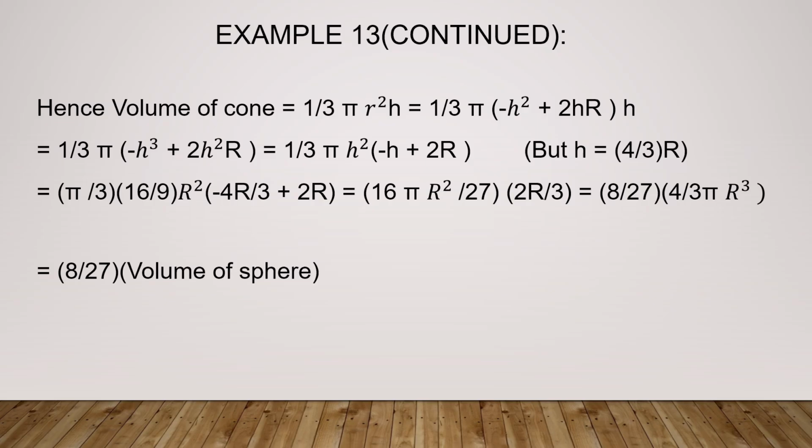Again I am telling you, take care while simplifying the equation. You will get 16 pi capital R square by 9 into 2R by 3. So actually it is 8 upon 27 into 4 upon 3 pi R cube. But what is 4 upon 3 pi R cube? It is the volume of the sphere. So it is 8 upon 27 of the volume of the sphere.